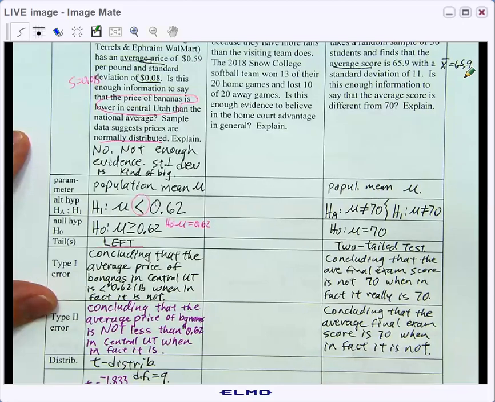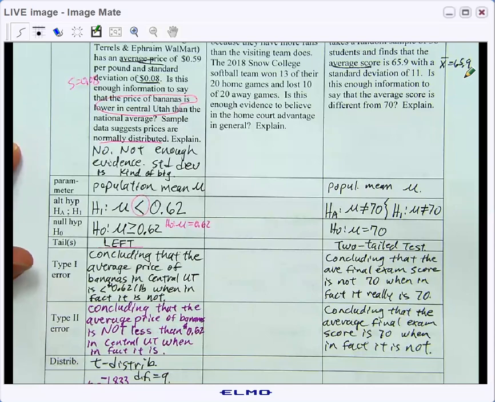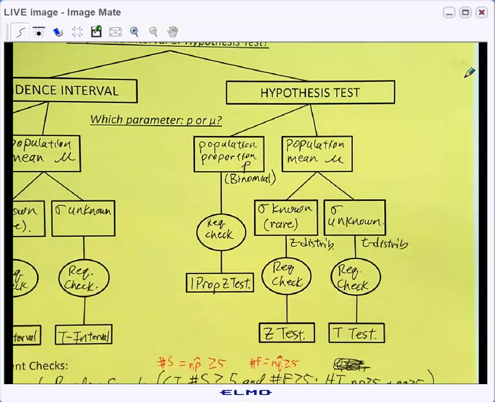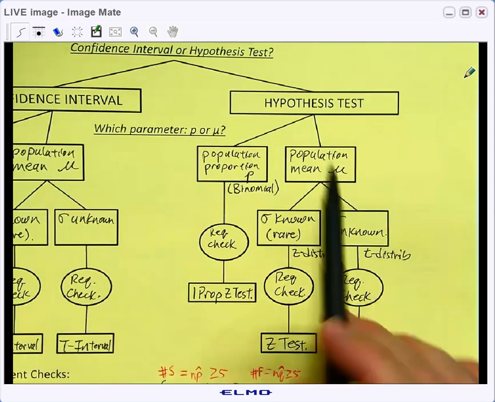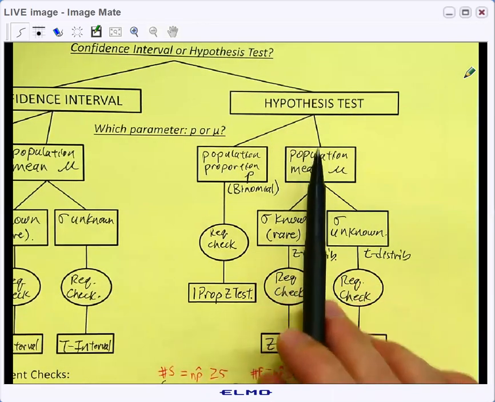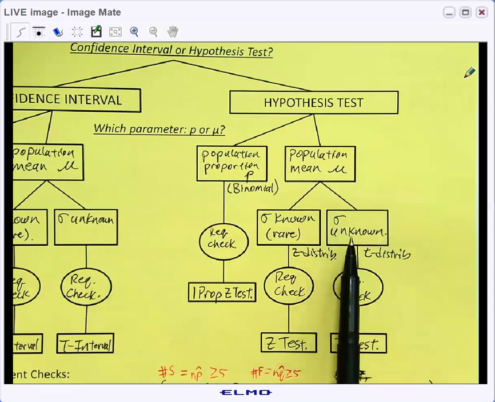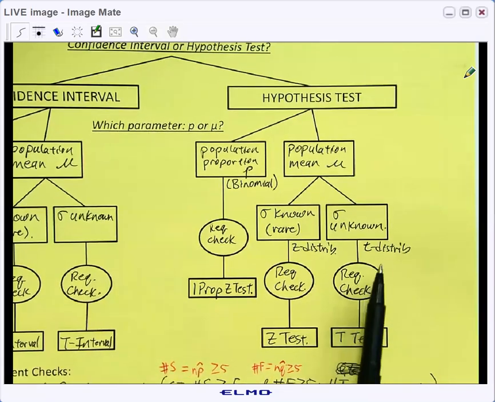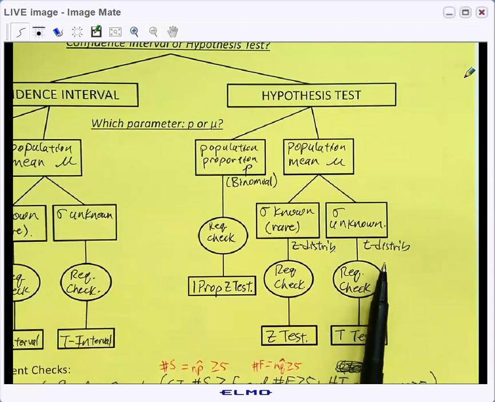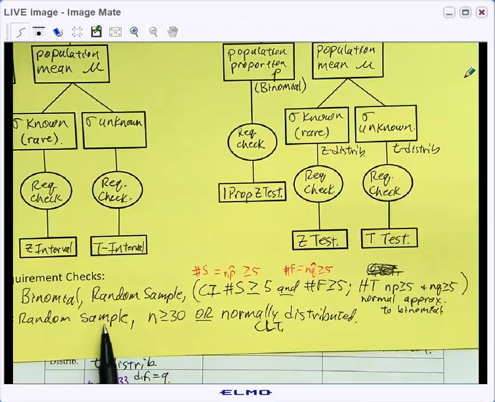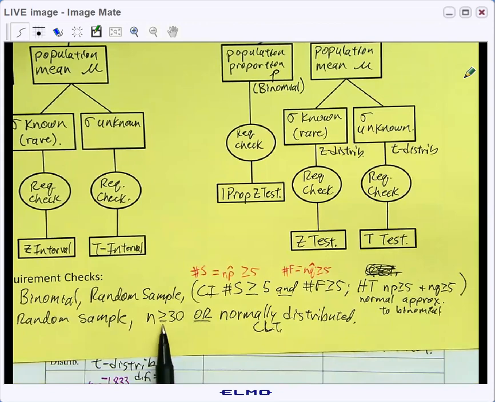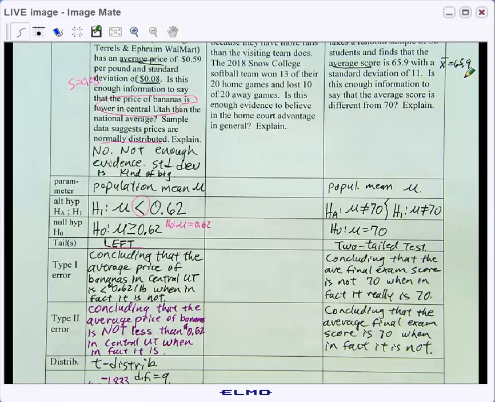All right. Once again, we'll look at our mind map, our concept map here for hypothesis testing. And we saw that with the population mean, we don't know the population standard deviation of all test scores. And so we're going to use the t-distribution. And we need to have a random sample, and our sample size was 36, so we are okay to go.